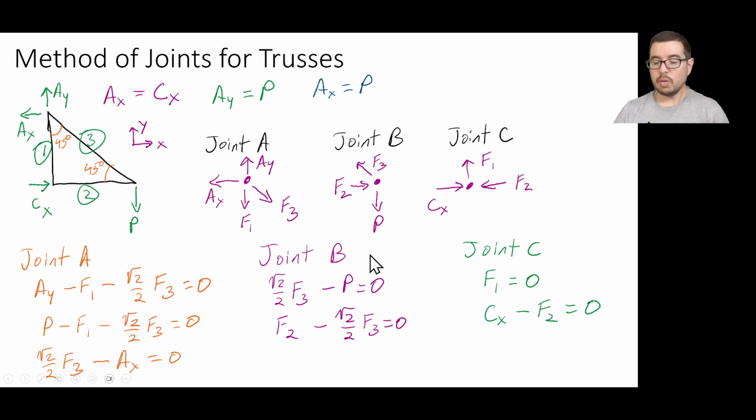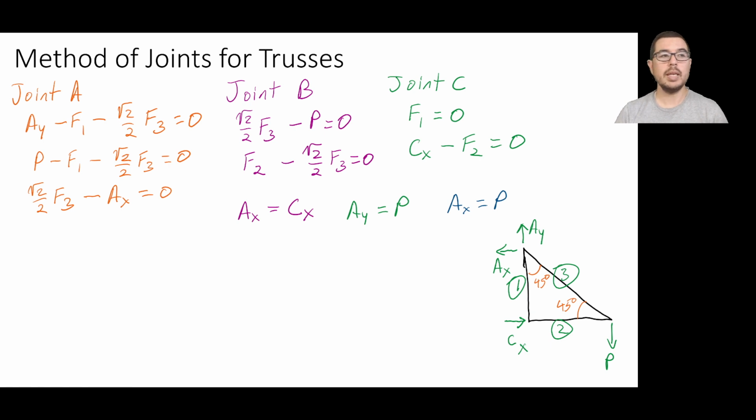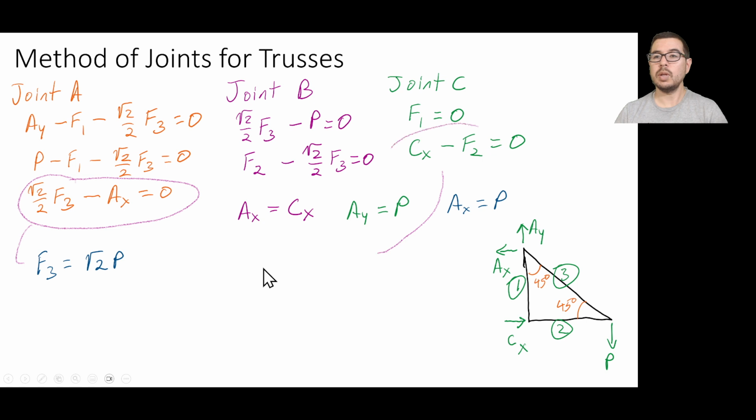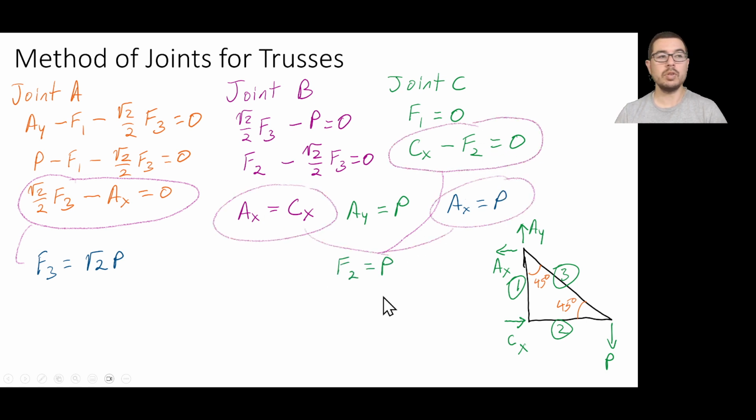So let's go a little bit further. This is just copying and pasting what you saw on the previous slide. We can solve for F3, and we can use this equation right here to do that, because we have AX equal to CX equal to P. So we can solve for F3 using that relationship, and we can also do a combination of these three expressions to figure out what F2 is.